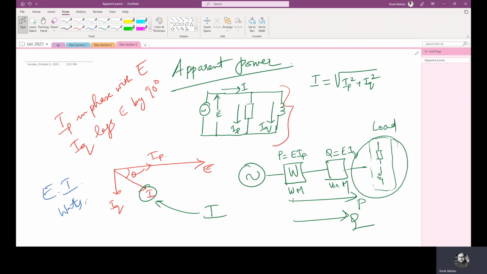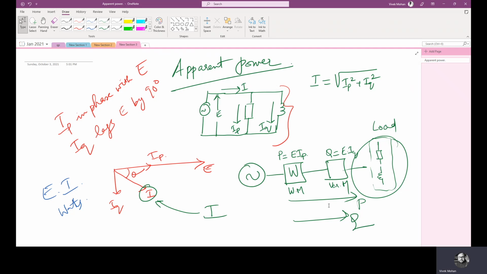But here my load contains both elements, reactance and resistance. So if I am looking from the source side and just multiplying the resultant current with the voltage, they should be vector products. It cannot be just multiplied.